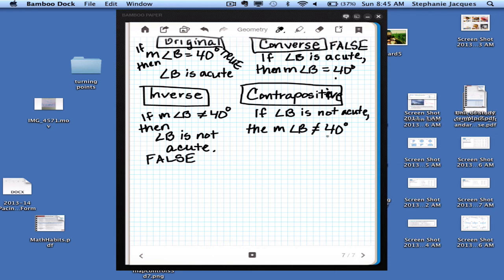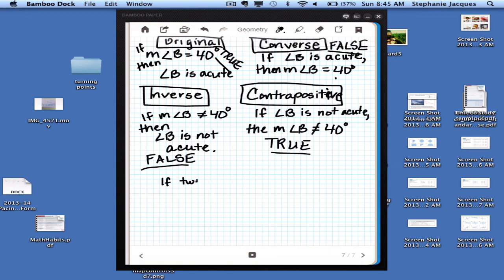Then angle B can't equal 40. Is that true? It is. So we have two true statements, the original and the contrapositive, and we have two false statements, the converse and the inverse.